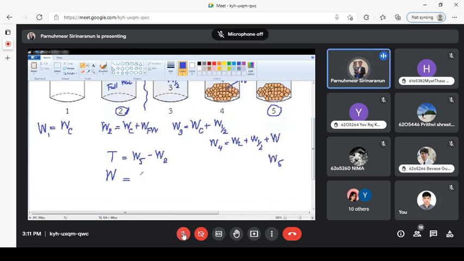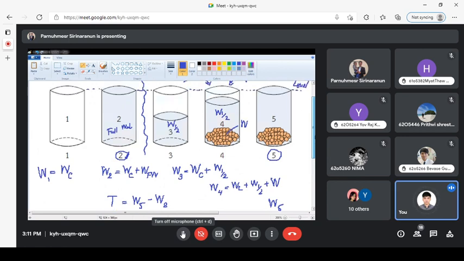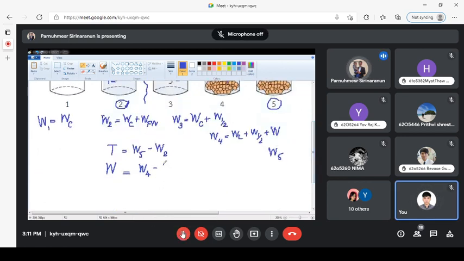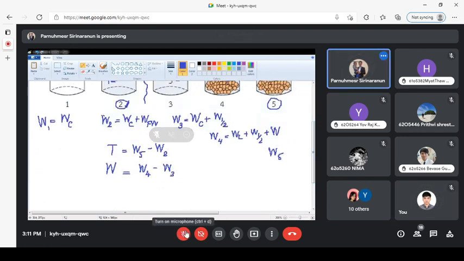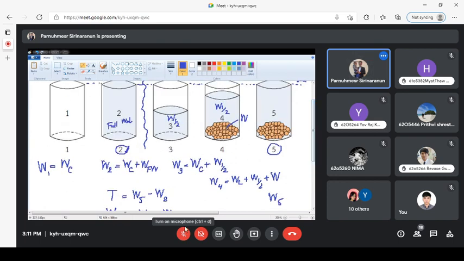Yes, it's the difference between number 4 and number what? Number 3. Why? Because in state 3, you fill the water first and measure the weight of this state. Okay? You have the weight of the container plus the weight of half of the water.